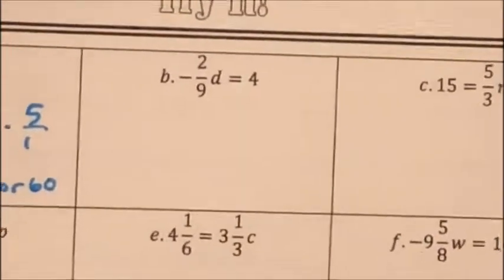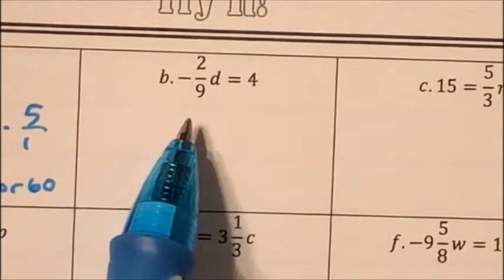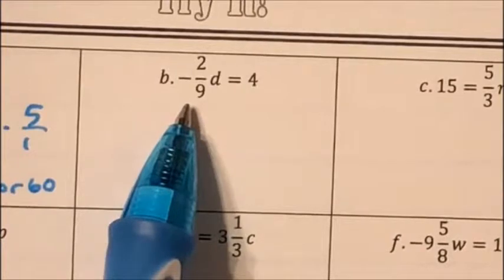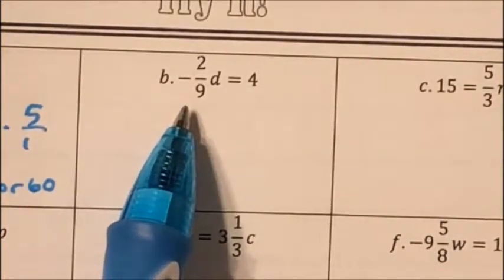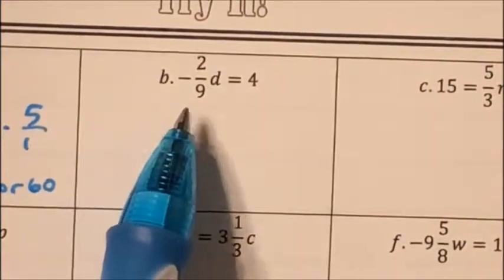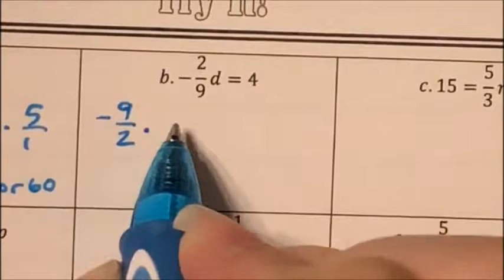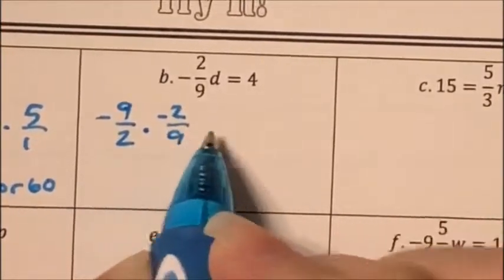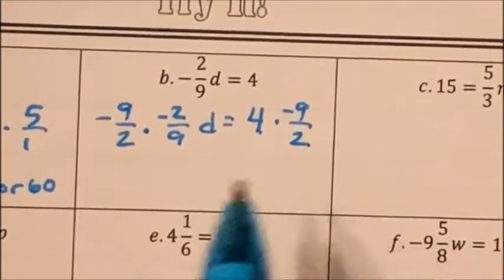Letter B says -2/9 d equals 4. Okay. Again, dealing with a fraction, the reciprocal of -2/9 is -9/2. Okay. I remember I want to get a positive 1. So -9 over 2 times -2 over 9d equals 4 times -9 over 2.